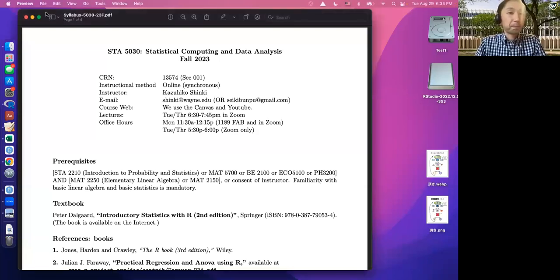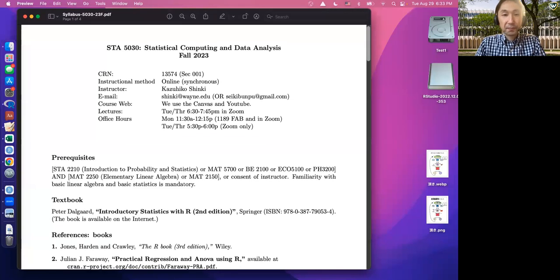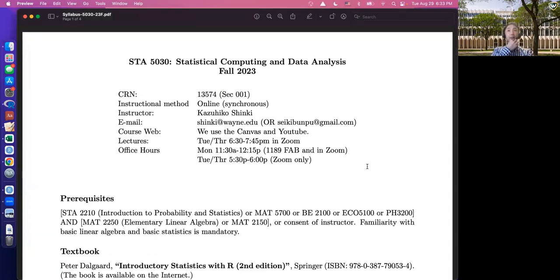Okay, so the syllabus is available on the website, but I will share the screen to make sure that you can see the contents. Okay, so this is the syllabus. Can you see the syllabus?